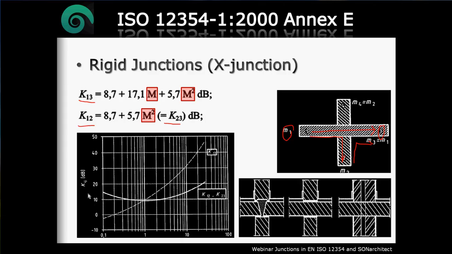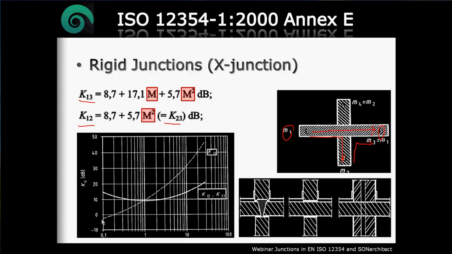So in the case of the first expression, the K13, we can see that at the beginning, when M is low, we have a very low vibration reduction index, which means that we have very little attenuation, or a lot of vibration transmission from 1 to 3.